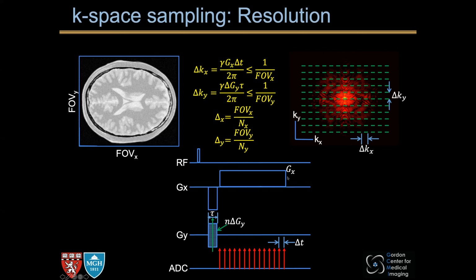We know how to determine the field strengths, how many steps we should do to perform each frequency encoding, and how many samples we should acquire in the frequency encoding direction and also in the phase encoding direction.